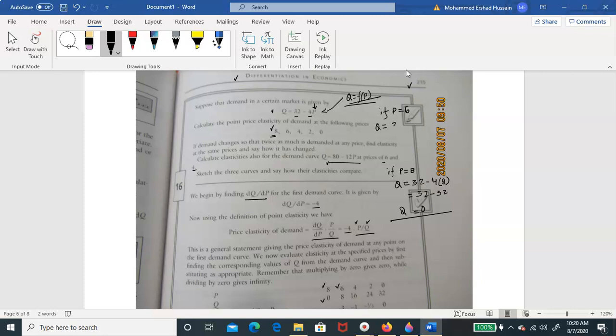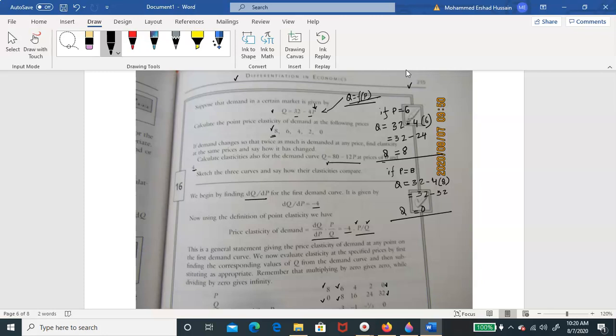So q will be equal to 32 minus 4 times 6, so this is 32 minus 24, and if you do the math, q equals 8. That is the result. Similarly, we go until when p is 0, q is 32.